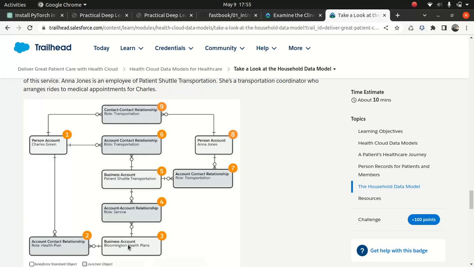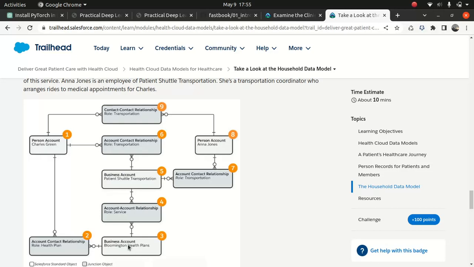And that person's name is, say, Anna, who arranges this transportation. So Anna and Charles share a contact-to-contact relationship, and Anna shares an account-to-contact relationship with the transport company. It works, okay? And also, Charles shares an account-to-contact relationship with the transportation company. So you can see how all these things are tied up, right?